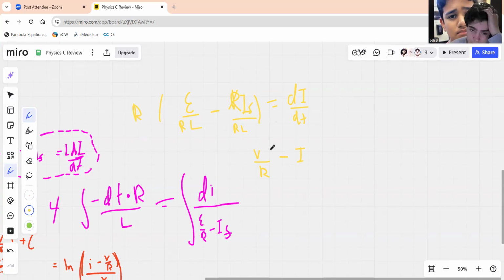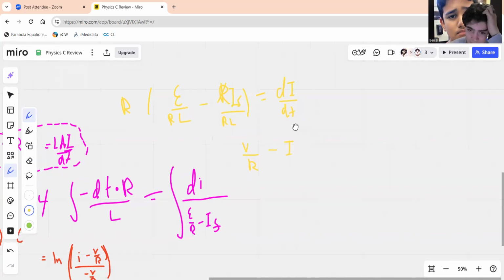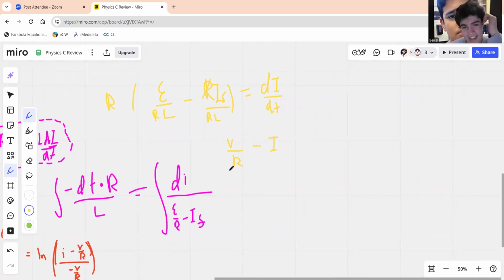Where did the L go? So I put the L at the bottom, and then we divide that by R. Wait, shouldn't the I be over? Putting the R all the way down here is the same as, you know what, let me just put it out here. Times R, for convenience.